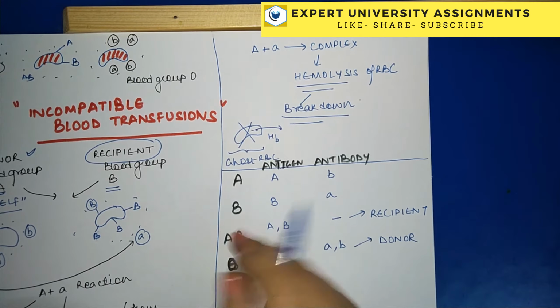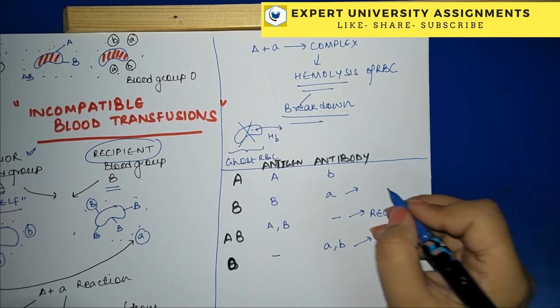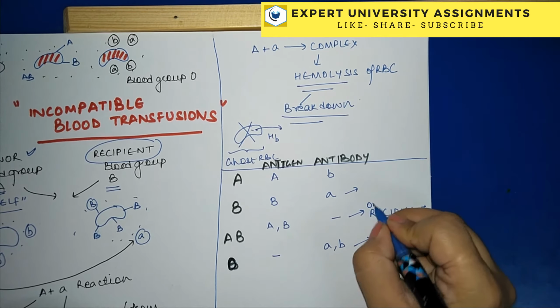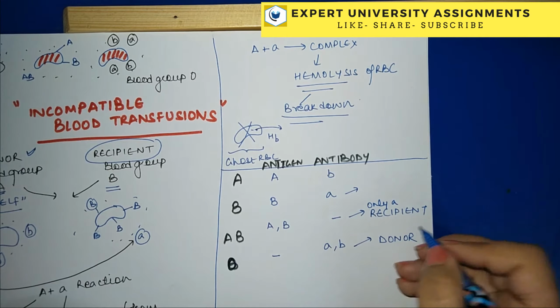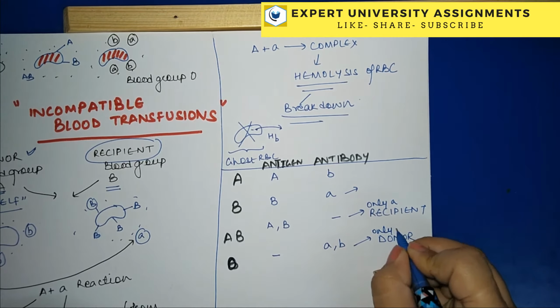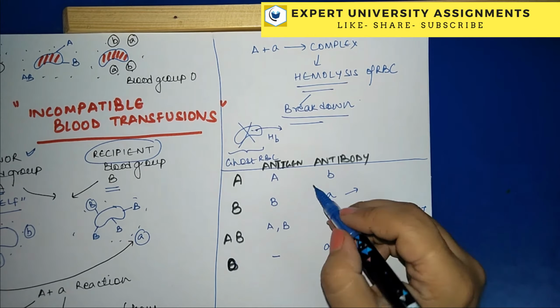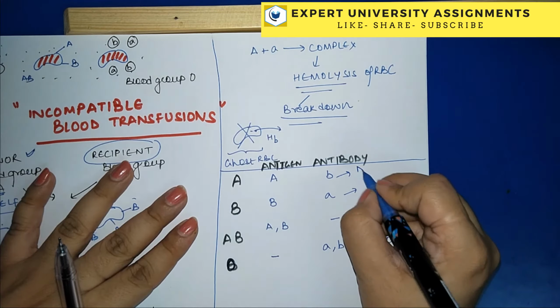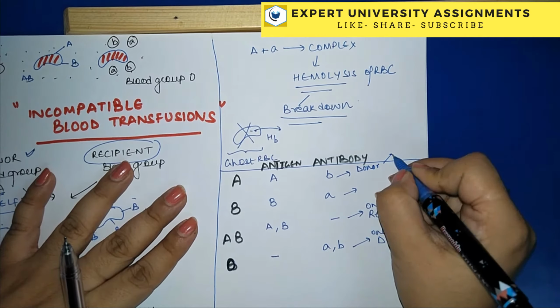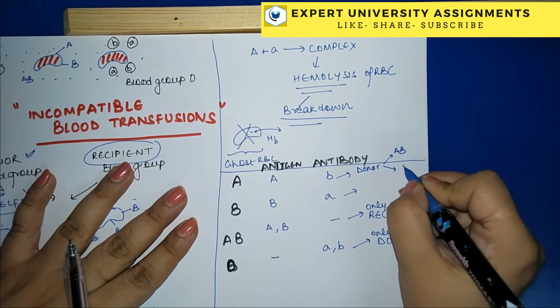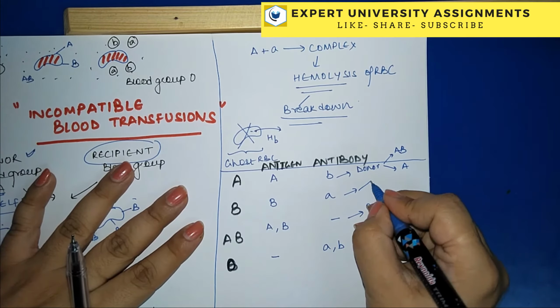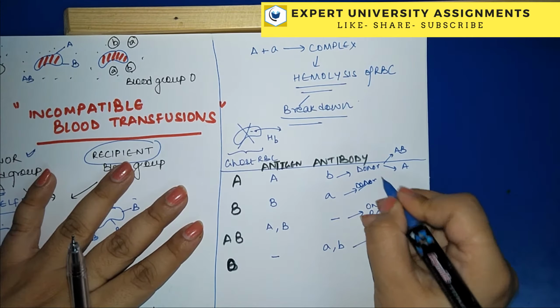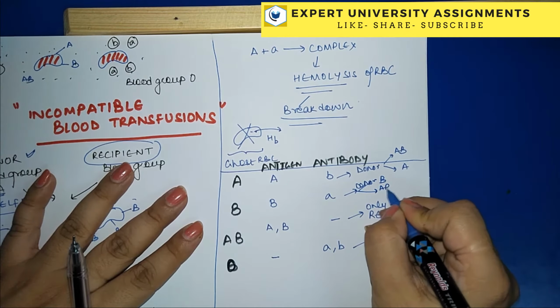In case of blood group B, it can act as only a donor, right? In case of blood group A and blood group B, what happens? Blood group A acts as a donor to blood group AB and to A, and blood group B acts as a donor to blood group B and blood group AB, right?